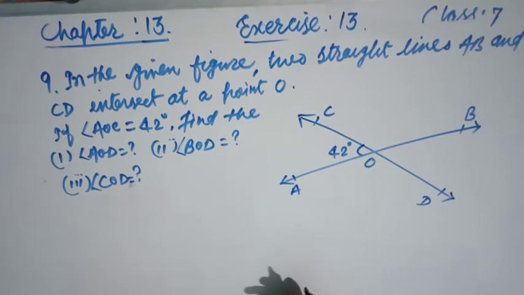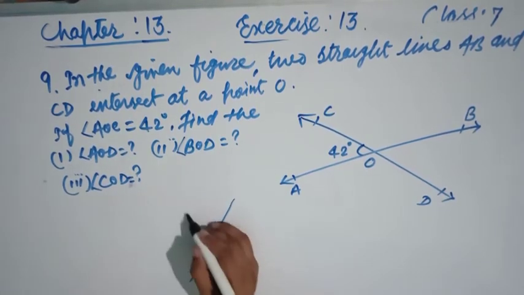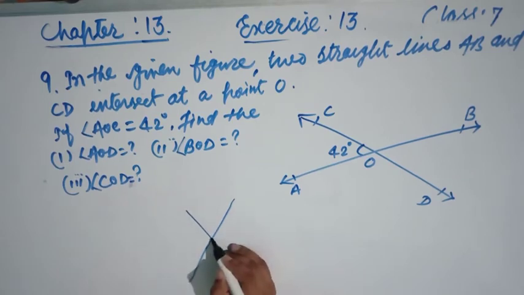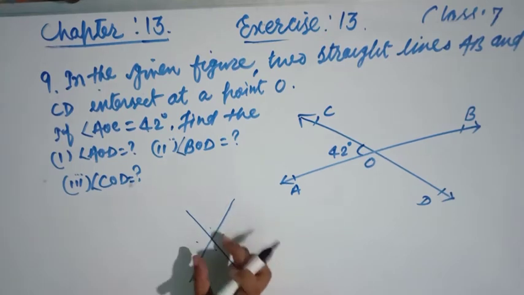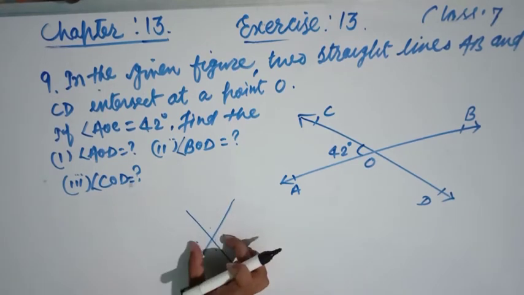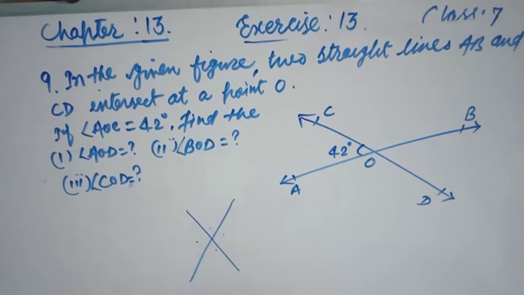When two lines intersect at a point, there exist four angles, and the pairs of opposite angles are congruent, equal. So we can say this angle is equal to this angle, and this angle is equal to this angle.